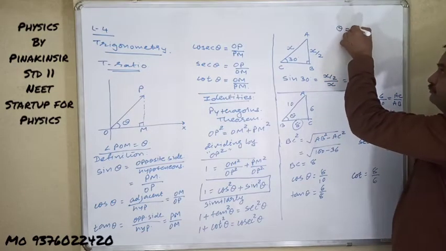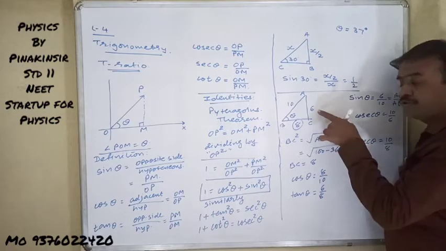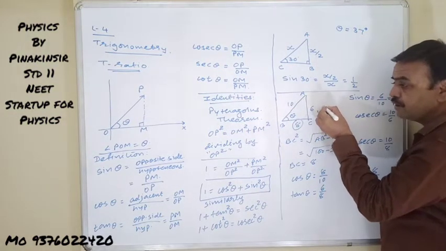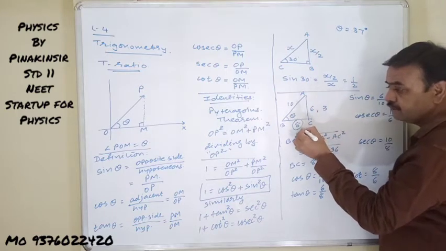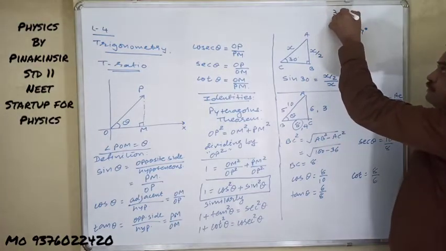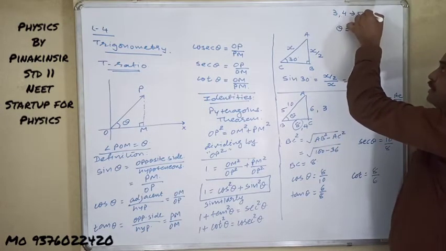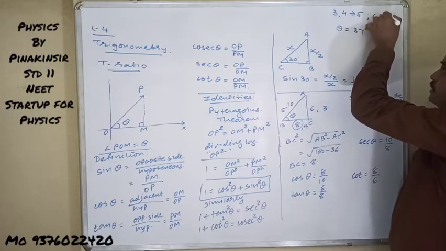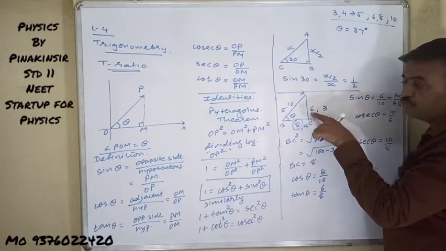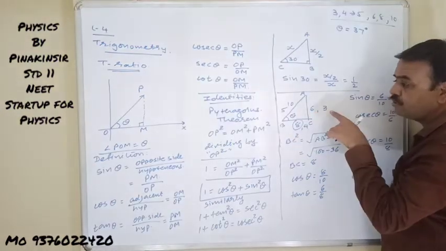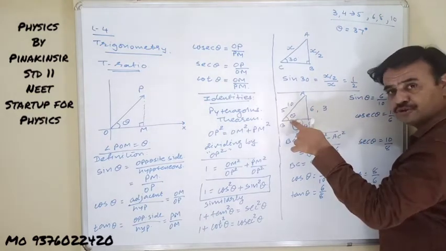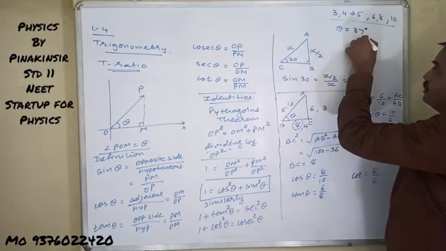For this trio 6, 8, 10, as well as if you are having sides 3, 4 and hypotenuse 5, you will get that theta, that is opposite to the 3 side, will be equal to 37.